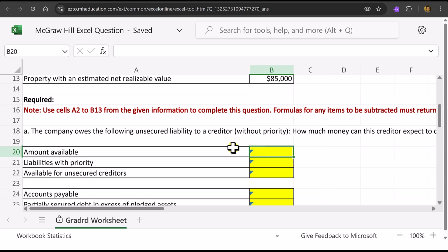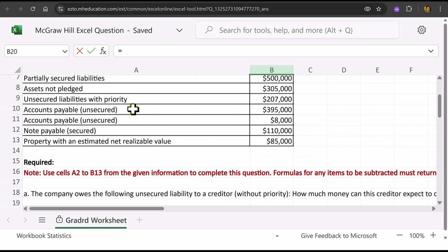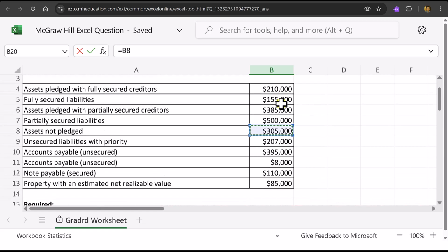So let's start off the formula, equal, and the main assets left over. Here, assets not pledged, 305,000. But then we still have some extra assets after paying off the secured creditors. So let's add that in, plus.